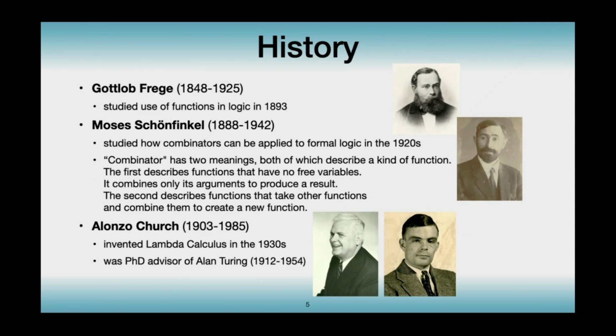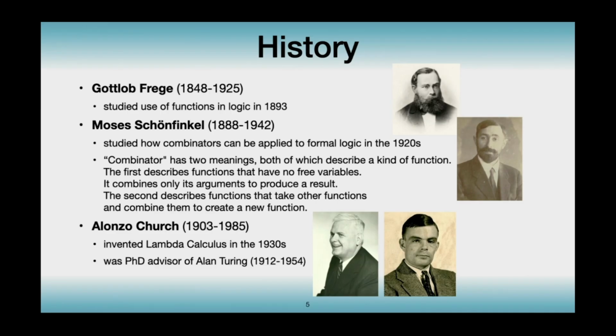I won't spend too much time talking about history, but as you might imagine, there are mathematicians from long ago that researched things that ended up becoming a part of lambda calculus. One of those is the word combinator, which I was surprised to find has two different meanings. So one meaning of combinator is a function that only uses what's passed to it, what we would call a pure function now.